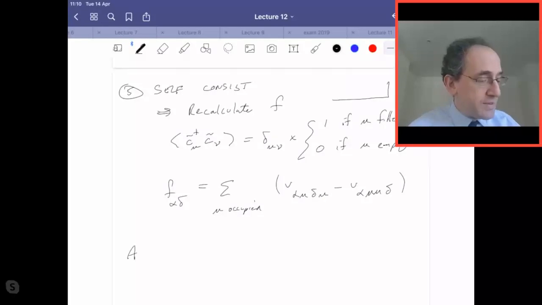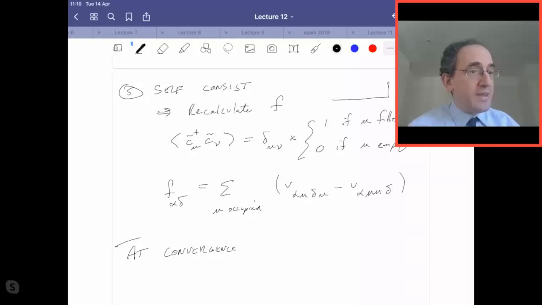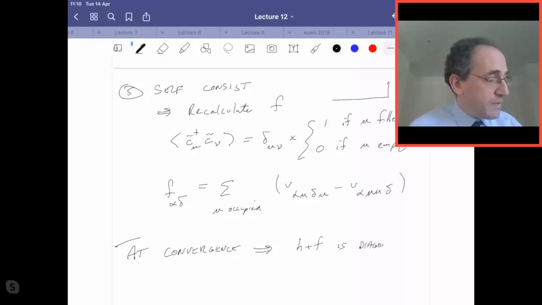At convergence, things stop changing. You get the same answer in each iteration. That's what convergence means. It no longer keeps changing, which means that H plus F is diagonal when we recalculate it. Which means we don't have to rediagonalize because we're already diagonal because everything has stopped changing.